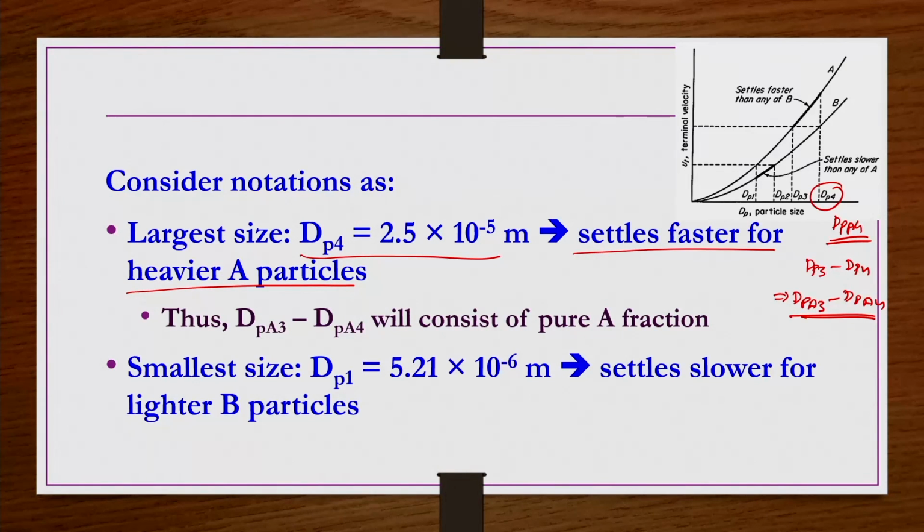Similarly, the smallest size, lighter one, settles slower, for B type.